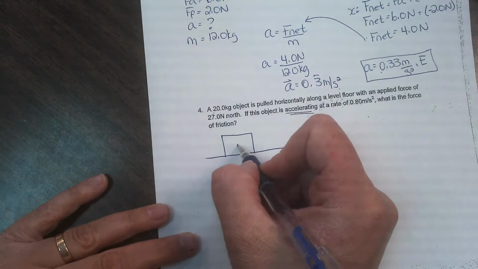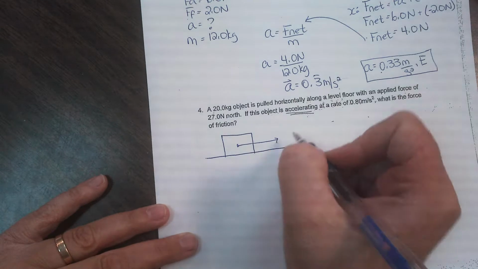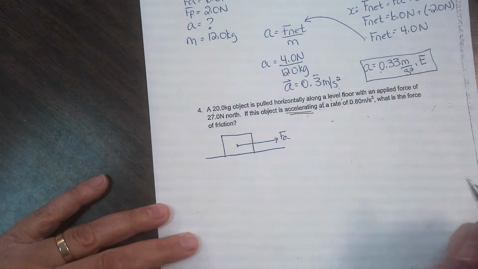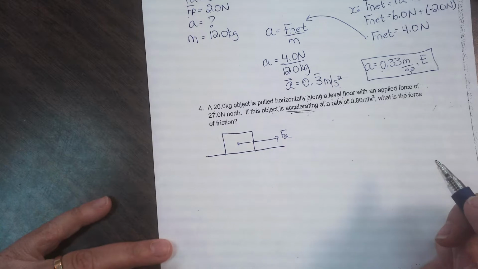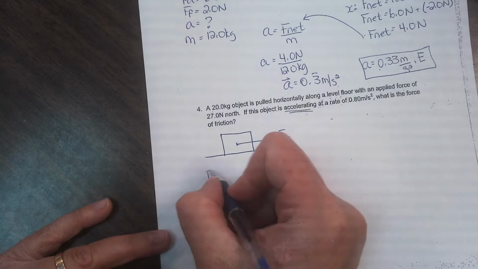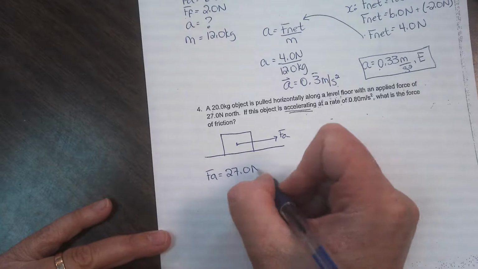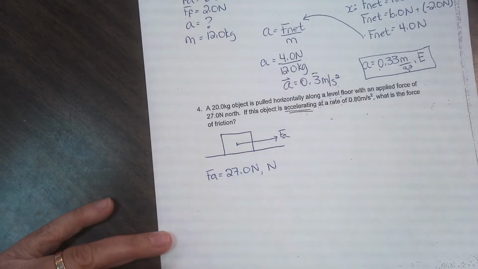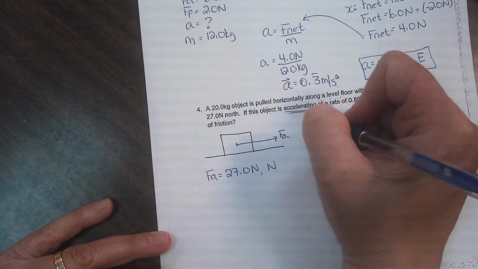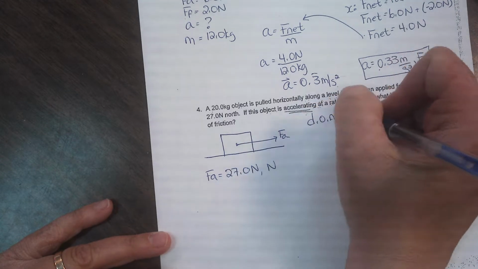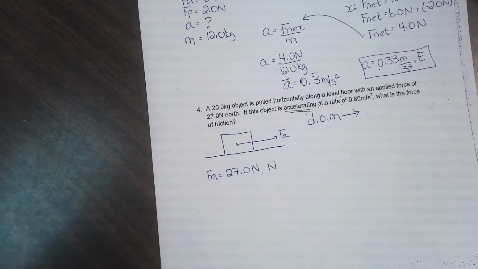The object is being pulled, so force applied, along a level floor with an applied force of 27 north. And so we're going to make our direction of motion this way, because it doesn't make sense to pull it up because now it looks like we're dealing with the vertical. So we're going to just turn our axis so that north is to the right.